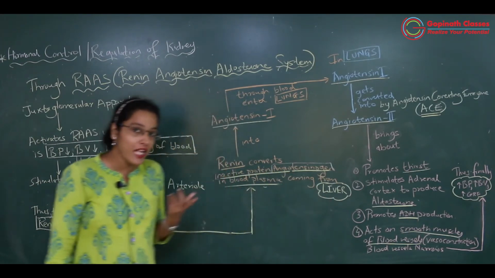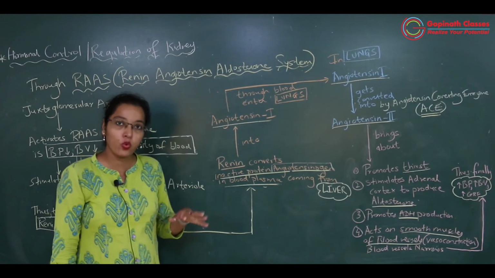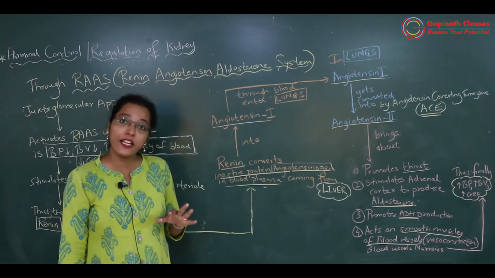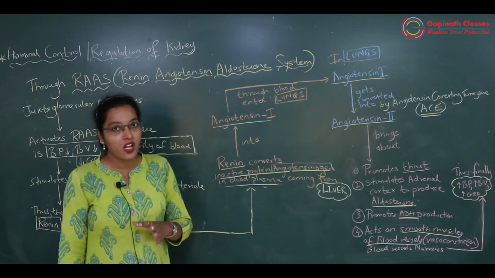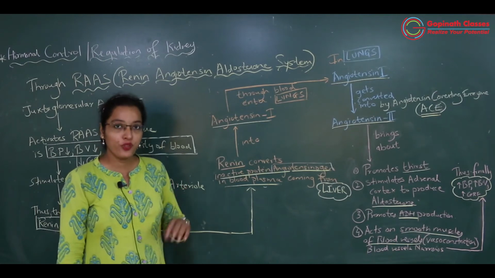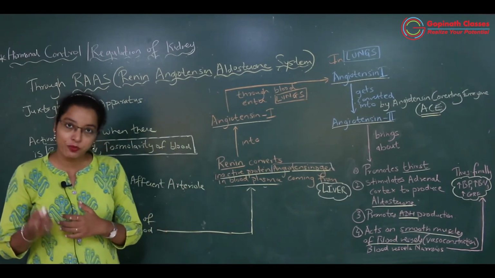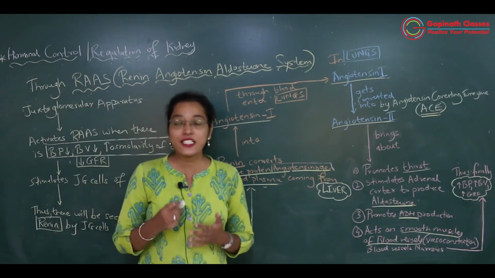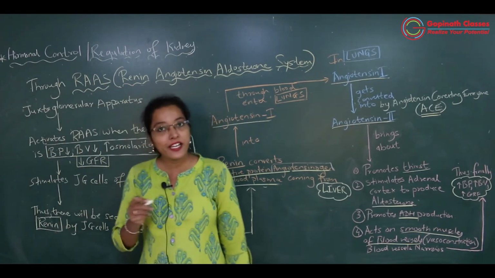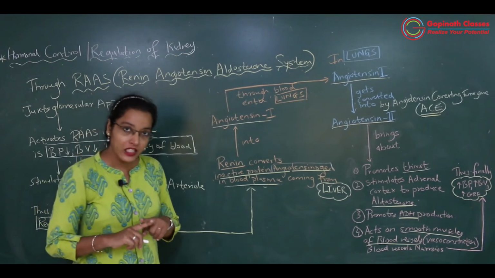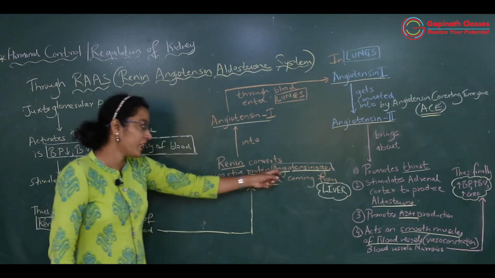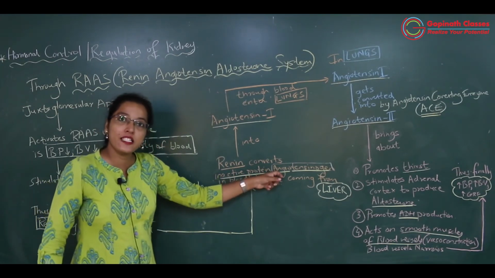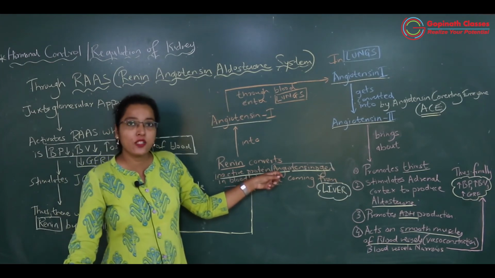So what has happened till now? BP has decreased, blood volume has decreased, osmolarity has increased, GFR has decreased, because of which the JG apparatus gets stimulated, and the JG cells of the JG apparatus will produce renin. Renin will enter the blood, and in the blood what is present? Angiotensinogen. What is angiotensinogen?